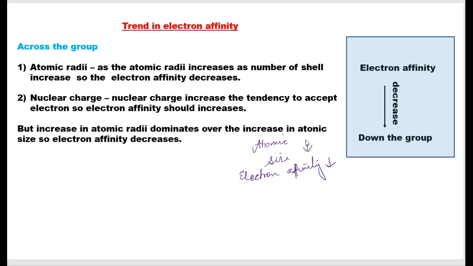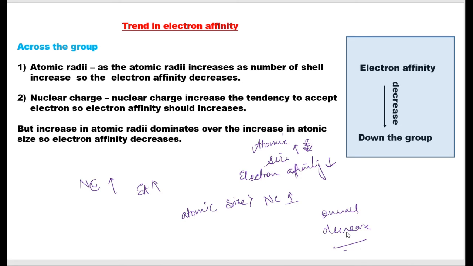Down the group, nuclear charge also increases, so electron affinity should increase, but the atomic size factor predominates over the nuclear charge factor. So overall we see a decrease. Clear till here?